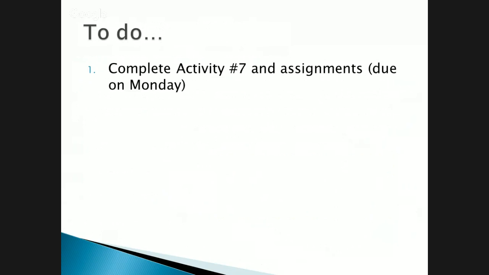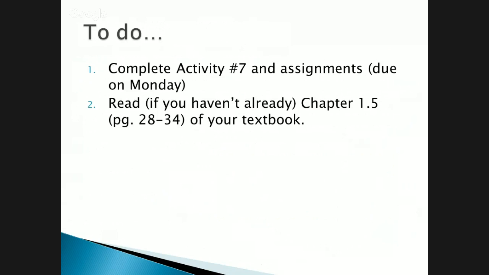Okay, activity 7 content covers those 6 trade barriers. I think there are 6 or 7 trade barriers I had there. They're a little less in-depth than the slide presentation, but they're all the same barriers. And again, you'll see them covered in chapter 1.5. So if you haven't yet read chapter 1.5, have a look. That's page 28 to 34 of your textbook.